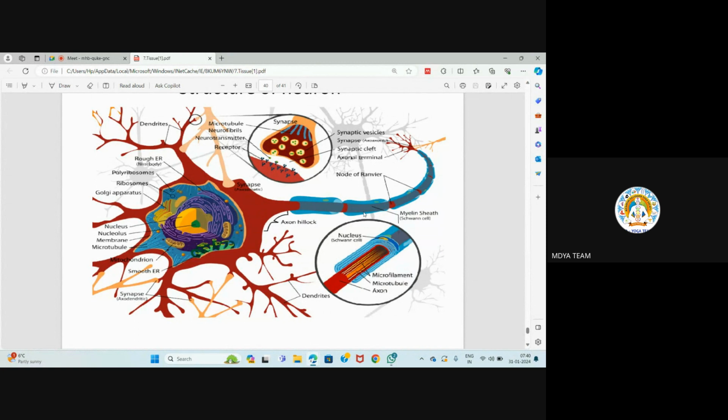Our whole nervous system goes as per electrical impulses. And here in the synaptic gap, it changes to chemical impulses. Means for this gap only, it is chemical, and inside the neuron it is electrical.